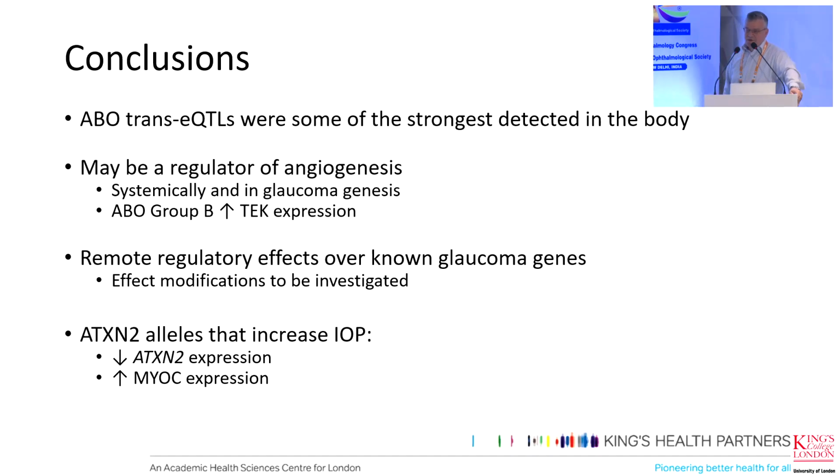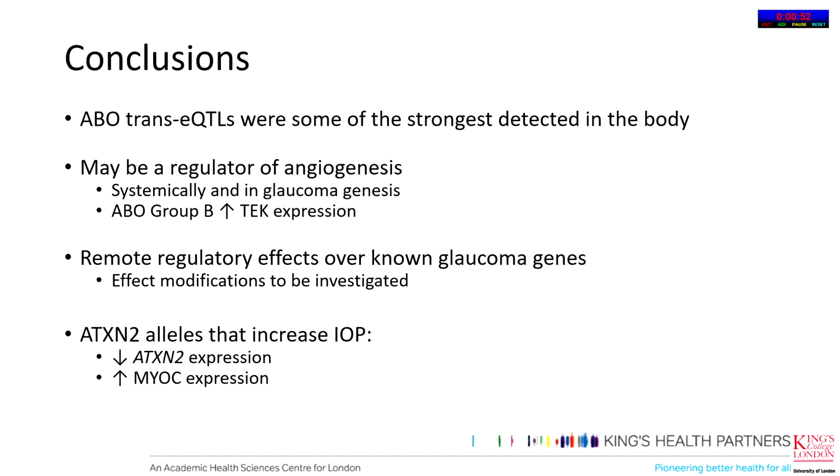So the takeaway message is that ABO has very significant trans eQTL and pQTL effects that were some of the strongest ever detected in humans. The ABO locus may be a regulator of pathways that are important in angiogenesis, both systemically and in the glaucomatous context.